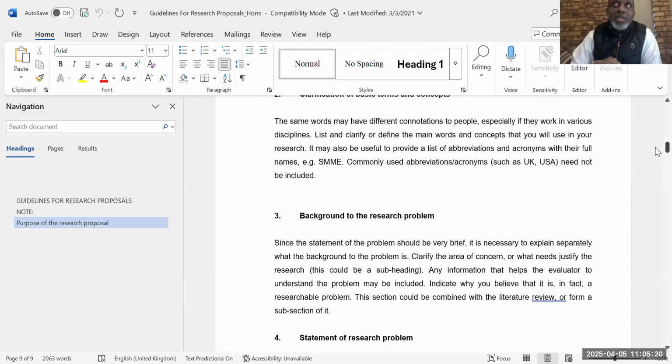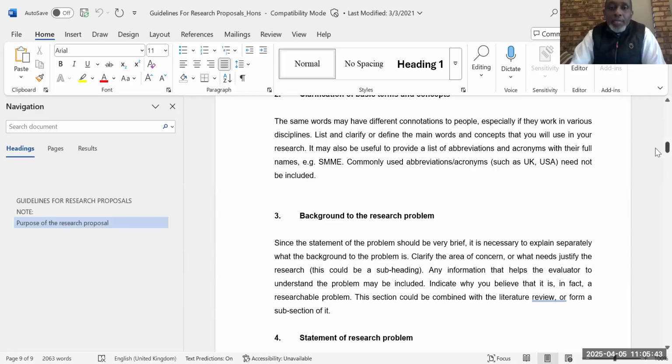The background is very important because, like what it says, it gives you a little bit of preparation or information on why the problem exists. This could sometimes be combined with a little bit of literature, but the subheadings are quite important.